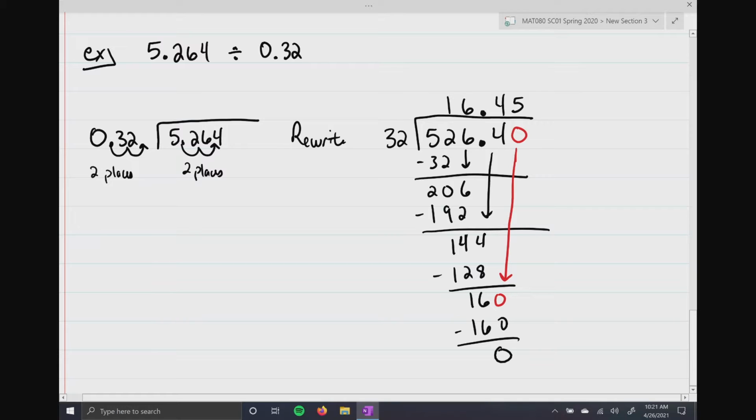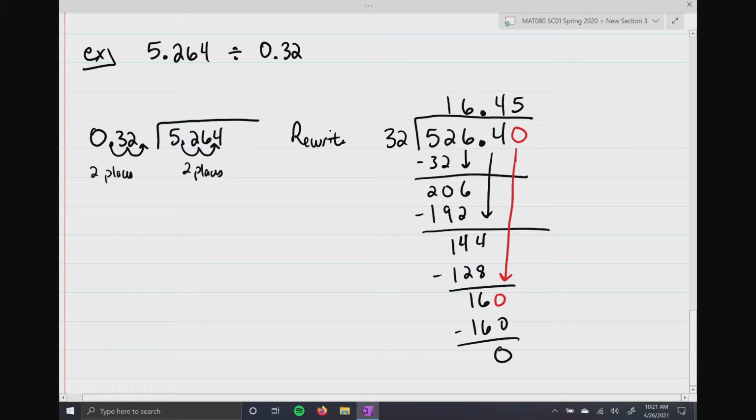But then sometimes you'll get a remainder that's different from 0. And one of 2 things is going to happen. Either you're going to get the same remainder over and over again, which I'll show you in a second, or you're going to get remainders where there's no pattern or anything, okay?